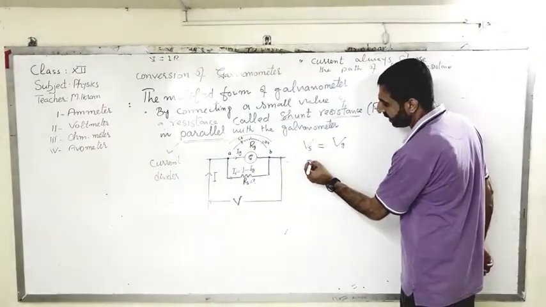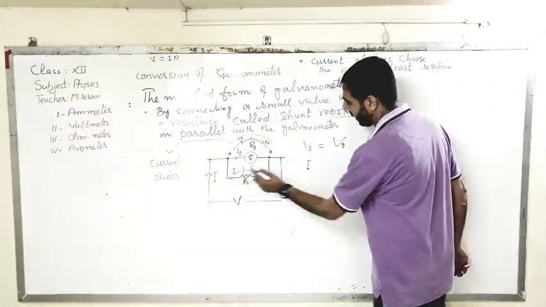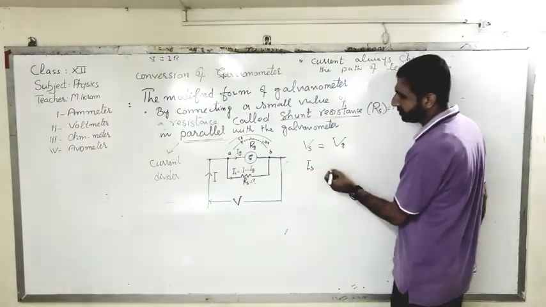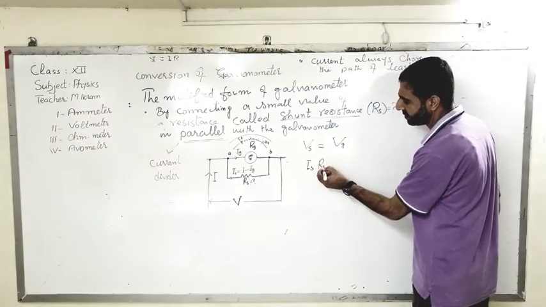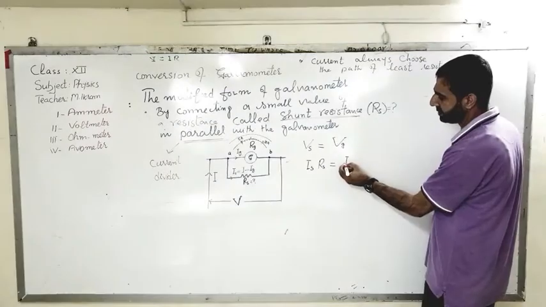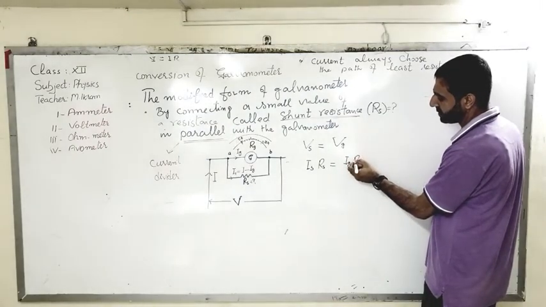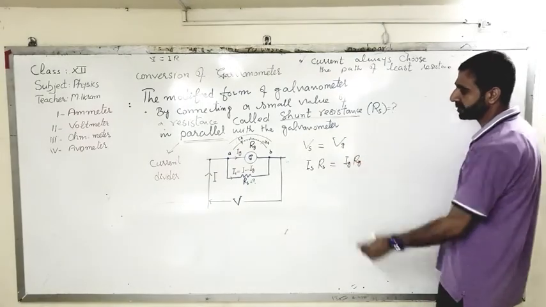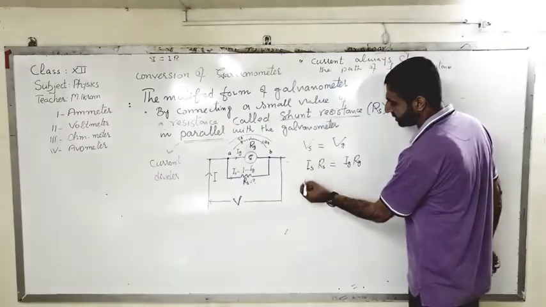So what is this? It is I into R, but which I? The IS. And which R? The shunt resistance RS. And this is I, and which current? The IG. And which resistance? The resistance of the galvanometer, which is known to us. Then what will be the value of this shunt resistance?